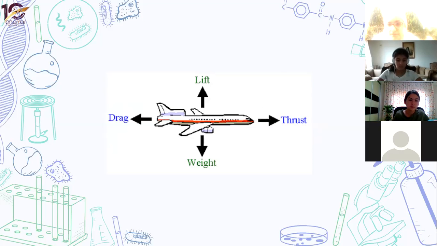If the weight and the lift are balanced, that means it's going to stay at the same height. It's not going to move up or down. If the thrust and the drag are balanced, that means it's going to move forward with constant speed. If the thrust is more, it's going to move forward faster.